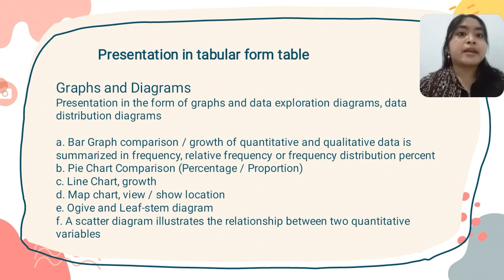B, pie chart, for comparison of percentage or proportion. C, line chart, for growth. D, map chart, to view location. E, stem and leaf diagram. And the last, a scatter diagram, which illustrates the relation between two quantitative variables.